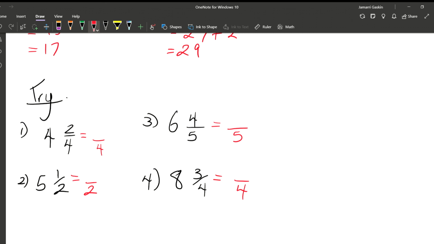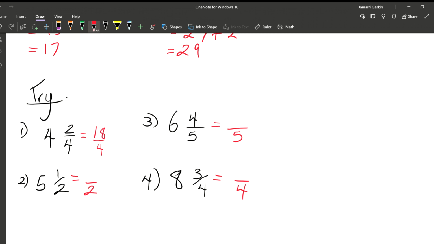We just have to work out our new numerators for the improper fractions. For the first one, we multiply the denominator by the whole number. So 4 fours are 16, and then we add the numerator. That will give us 18. That's a bad 8, give me a sec.